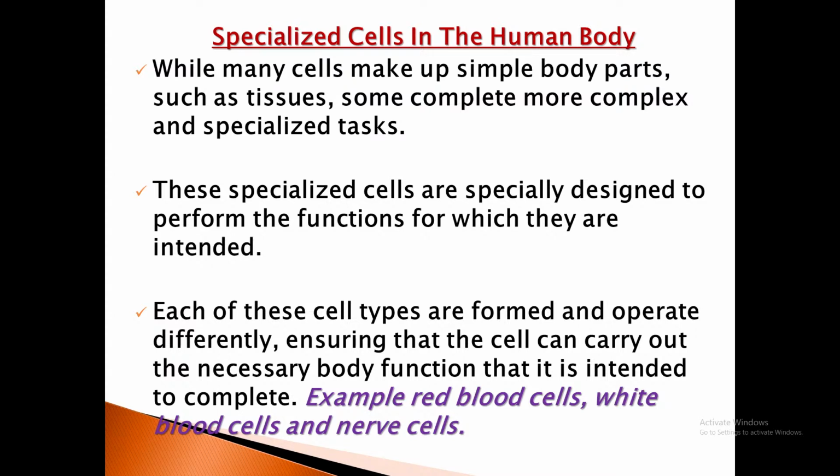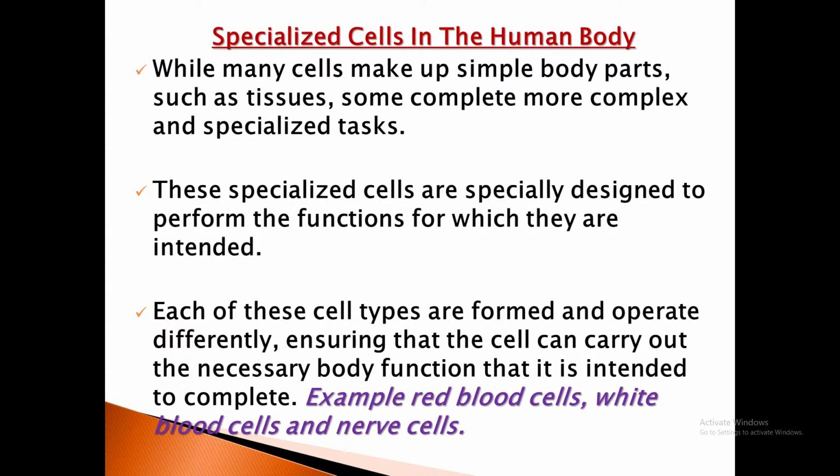Each of these cell types are formed and operate differently, right? Because they are called specialized cells, they basically operate differently. So you don't have the red blood cell working similarly to the white blood cell. They actually function or operate completely differently, because they are doing two different specific functions, ensuring that the cell can carry out the necessary body function that it is intended to complete.